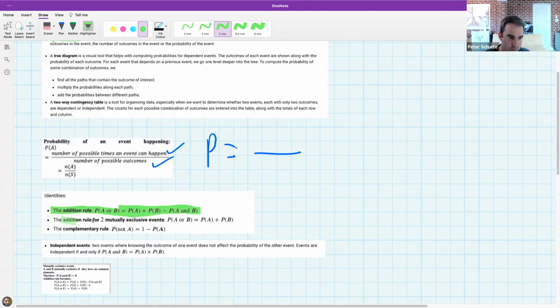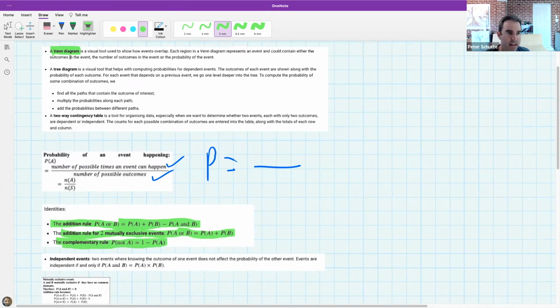We also talked about mutually exclusive events, and then we spoke a little bit about the complementary rule. Then, after doing the Venn diagram, we went along and did the tree diagram. The tree diagram was much more closely related to this calculation, the independent events type of calculation.